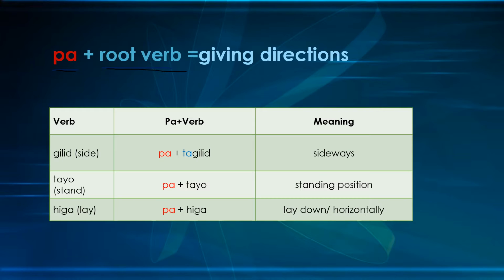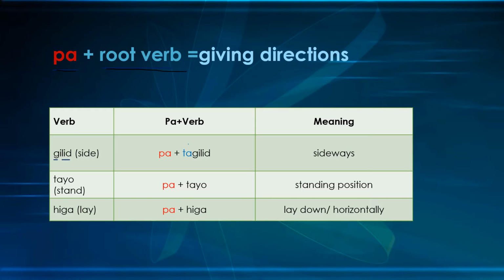The verb is gilid, and it means side. And if we put pa at the beginning, we have here a new word, patagilid.